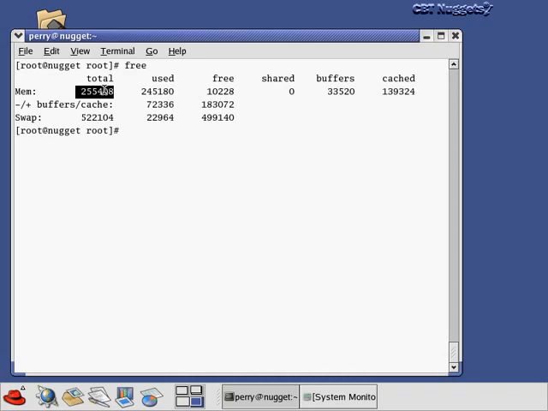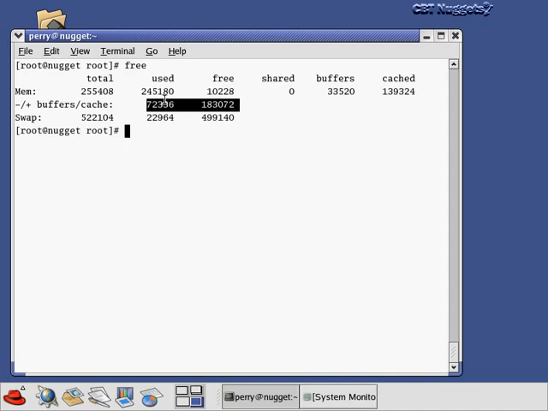Okay, so it's telling you exactly how much of the memory is being used, and you can see right now a large percentage of our memory is being used because I've got some processes running out here just to consume memory, so that this discussion on performance monitoring is more interesting. Okay, now the next line down here has to do with how much memory is being used by the system, by system buffers and things like that.